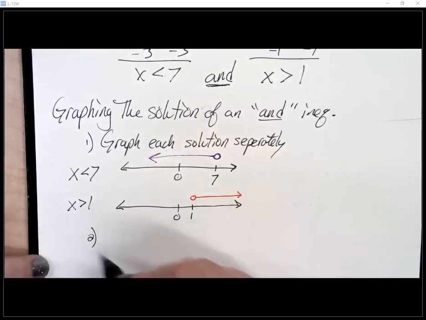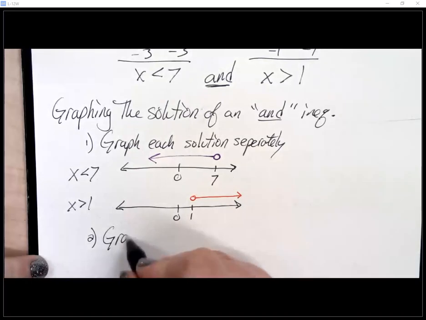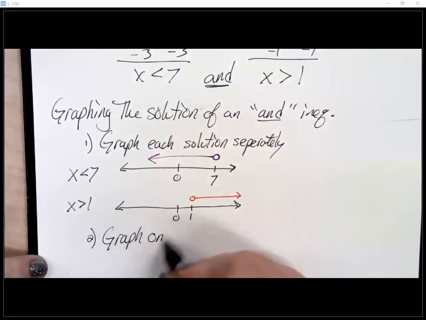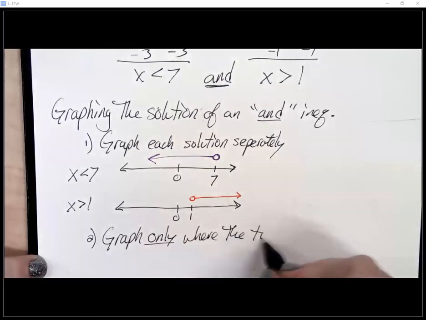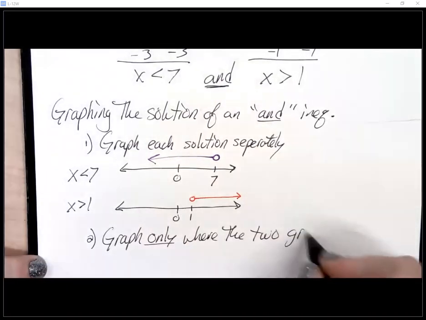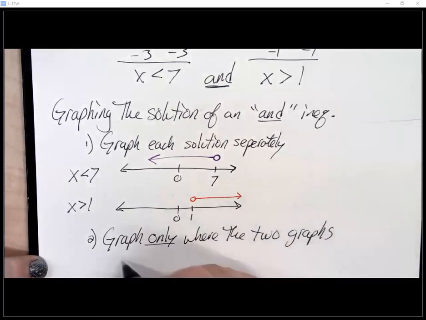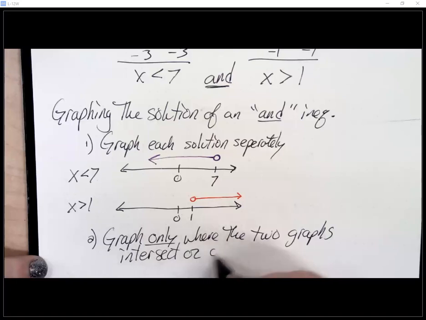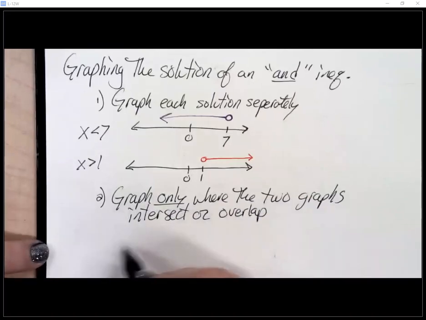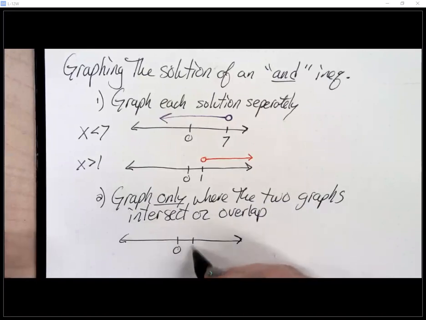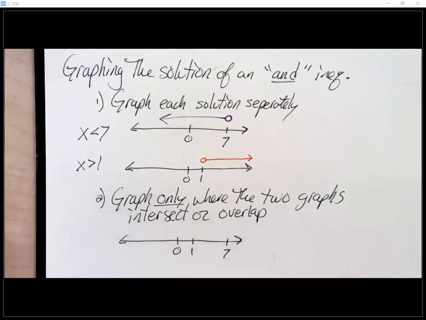So now I'm going to graph only where the two graphs intersect or overlap.